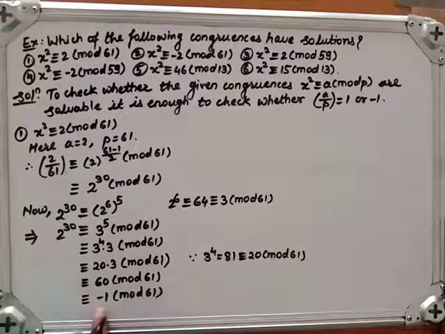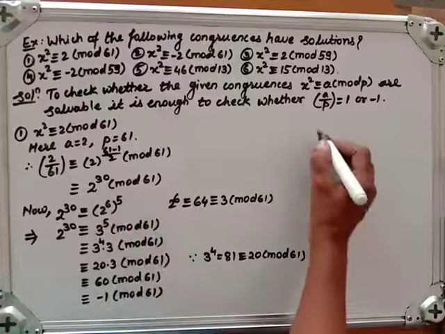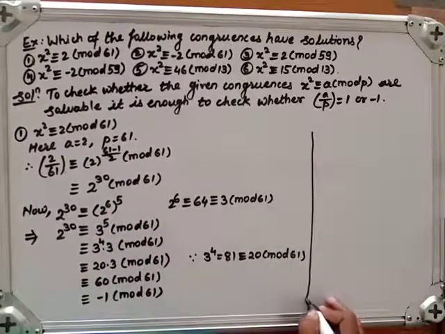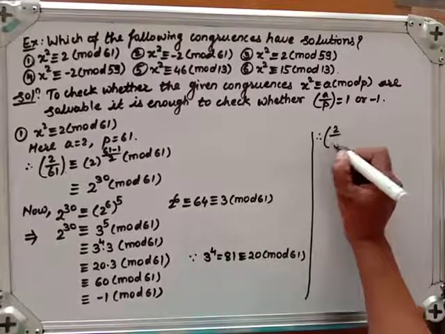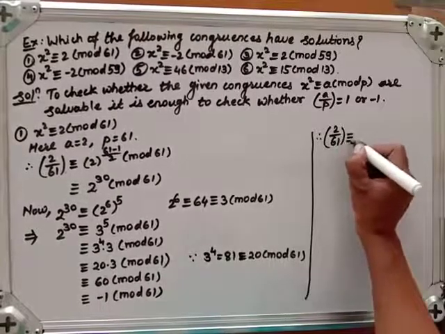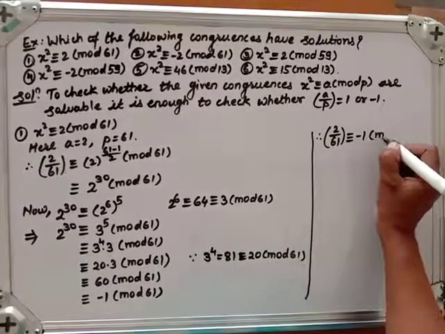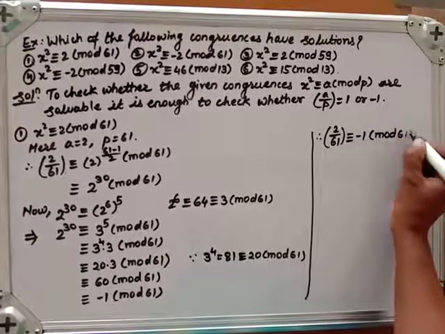So 2 raised to 30 is congruent to -1 modulo 61. Therefore, the Legendre symbol 2 by 61 is congruent to -1 modulo 61.